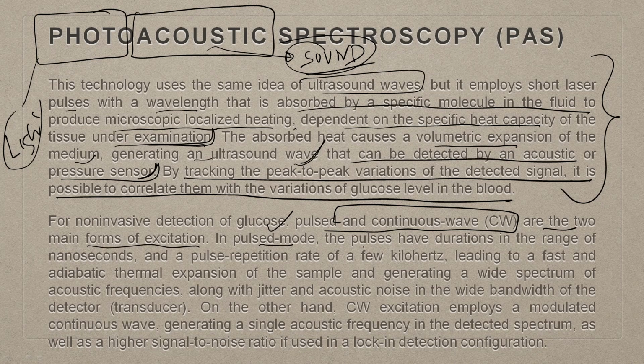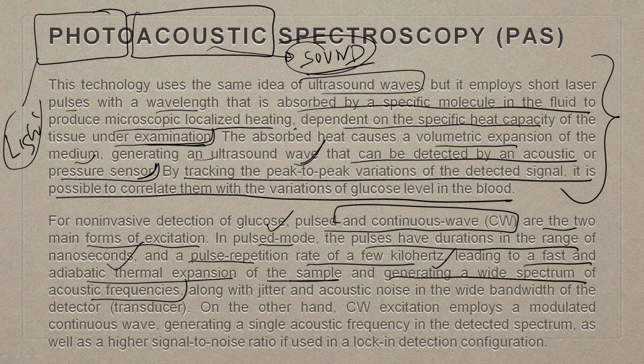In pulse mode, the pulses have a duration in the range of nanoseconds and a pulse repetition rate of a few kilohertz, leading to a fast and adiabatic thermal expansion of the sample and generating a wide spectrum of acoustic frequencies. So basically what you are doing is giving a pulse, and within the fluid a lot of vibrations are generated, and these vibrations lead to a pressure wave, and what you are measuring is the pressure wave.